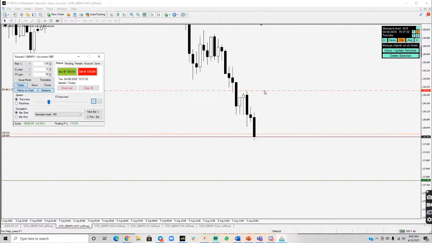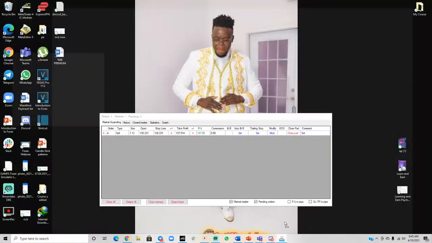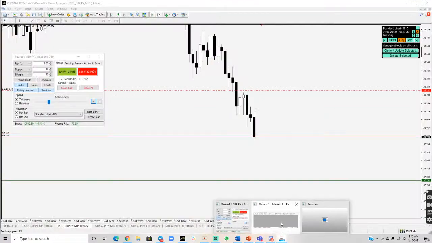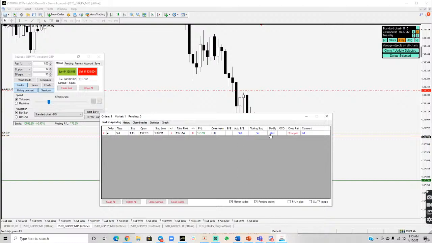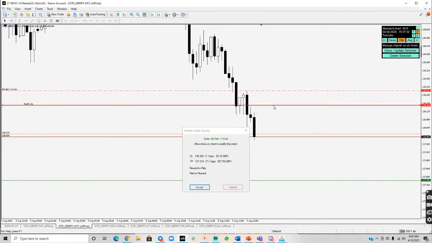So now I'm going to modify my stop loss. I'm going to bring my stop loss above this 15-minute candle, because seeing that we are up about 22 pips, you want to put yourself in a position where you can actually secure some profit. So I'm going to bring my stop here.